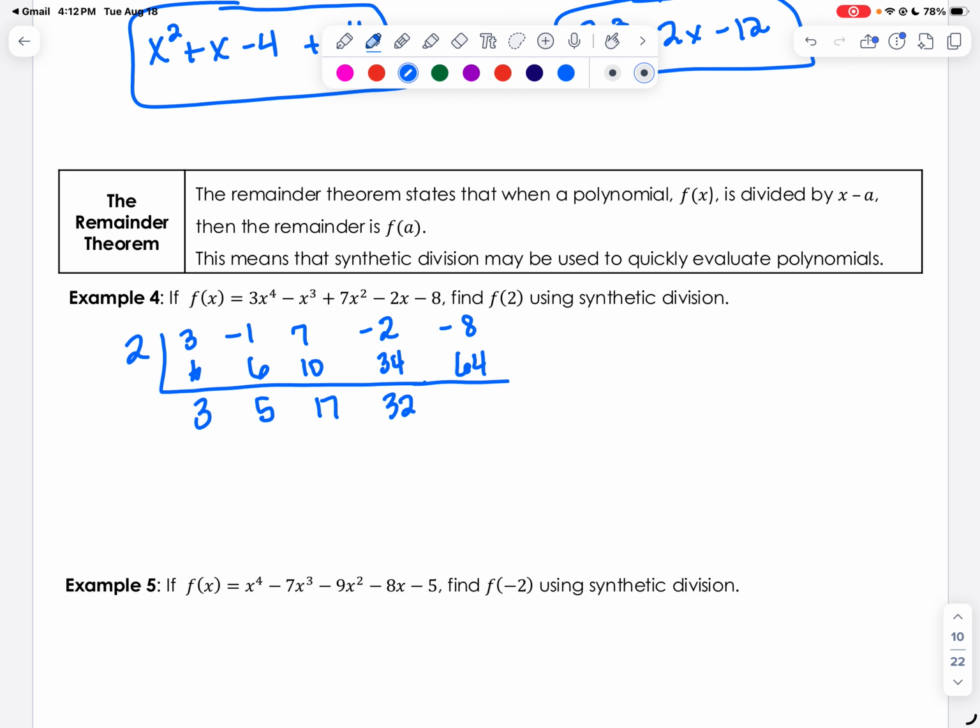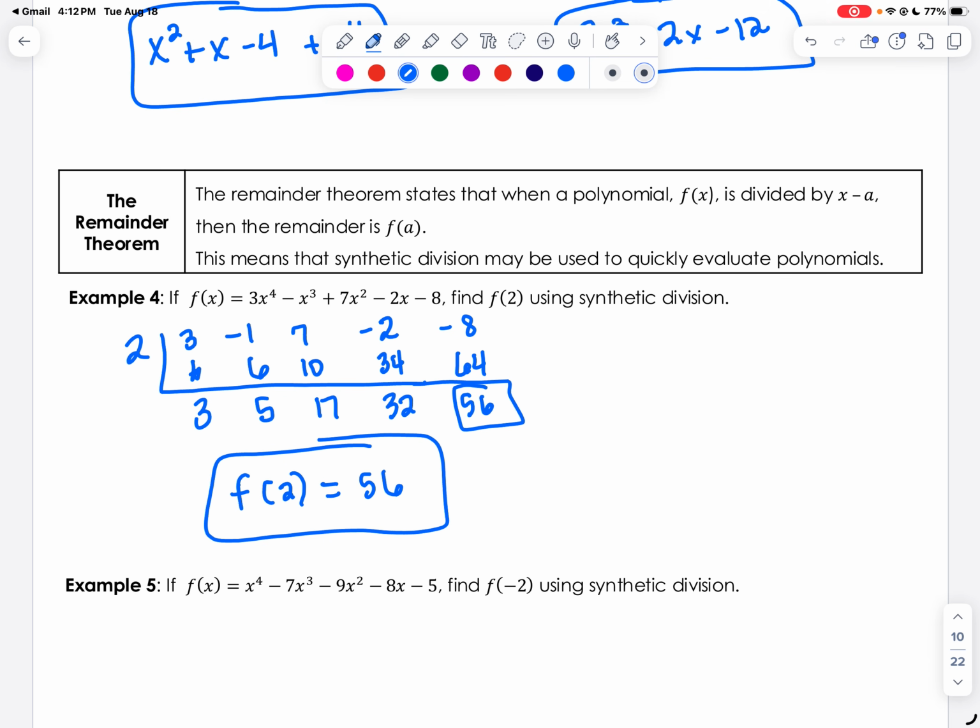So that would be 56. So what we know here is that f of 2 is equal to 56. So the remainder theorem simply states that what is left over after you use synthetic division, your remainder, is f of 2 in this problem.